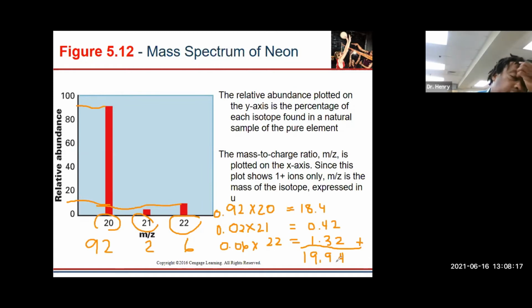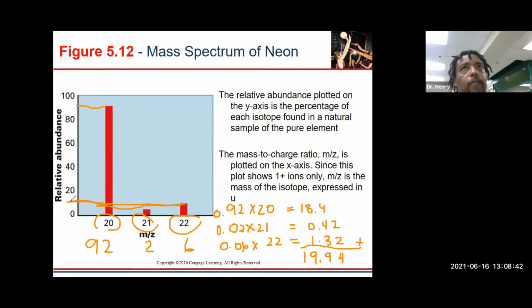So we'd end up with 19.94 to be the molar mass of the element. Well, my numbers are a little off today.